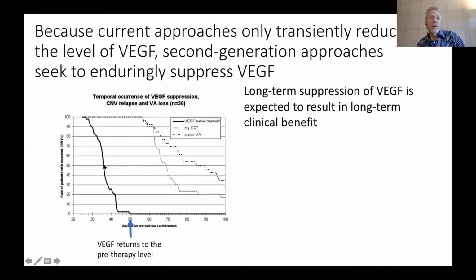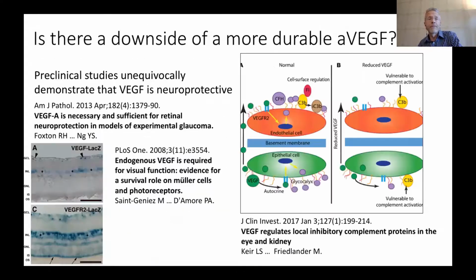One would expect from the slides that we've looked at so far that if you could keep the VEGF levels down longer, you should also maintain better vision for the patient longer as well. So long-term suppression of VEGF is expected to result in a long-term clinical benefit.